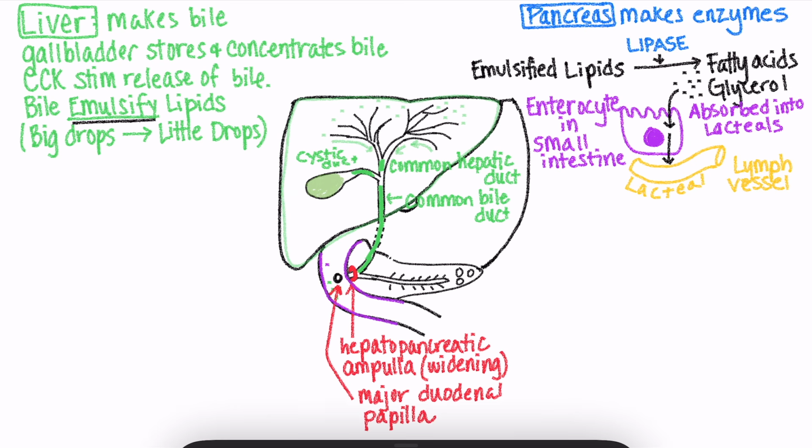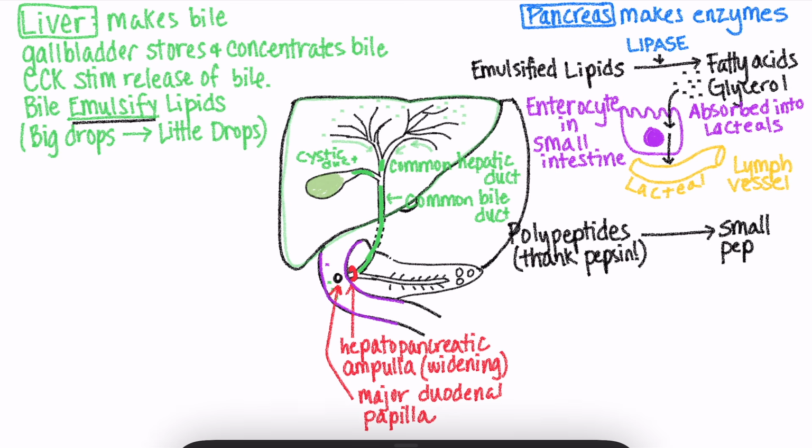Polypeptides can also be broken down in the duodenum. And rather than being full-on proteins, we can thank pepsin, because remember, pepsin is active in the stomach and it breaks large proteins down into polypeptides that then can be made even smaller by pancreatic enzymes into small peptides.